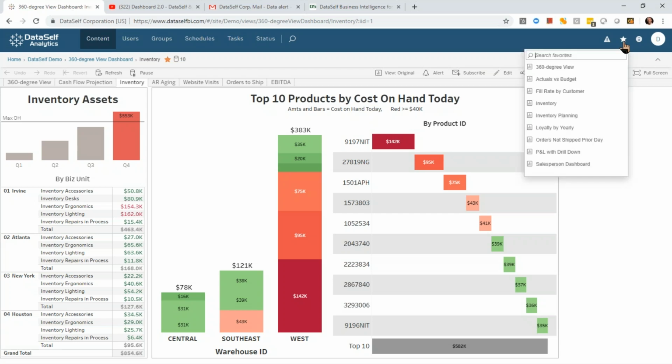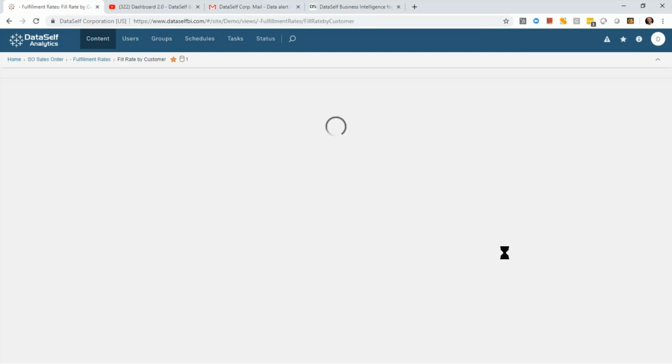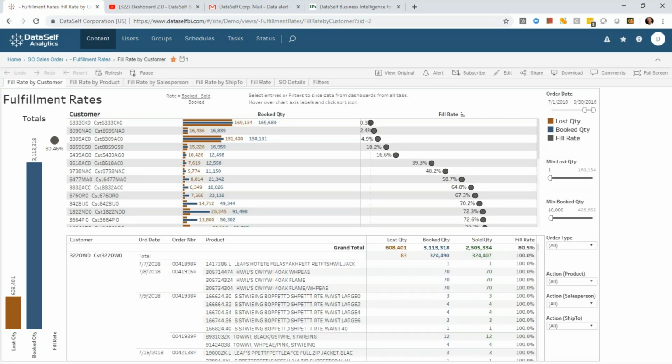I'm just going to show 2 more examples quickly of other out-of-the-box reports that sometimes can be critical. This one is more from the sales order side, looking at fulfillment rates. Sometimes there are trends that you're not actually fulfilling some sales orders. And this kind of dashboard would show you, let's say, by customer, the fulfillment rate, and if you're having low fulfillment rates for some customers and you're not paying attention to that, guess what?